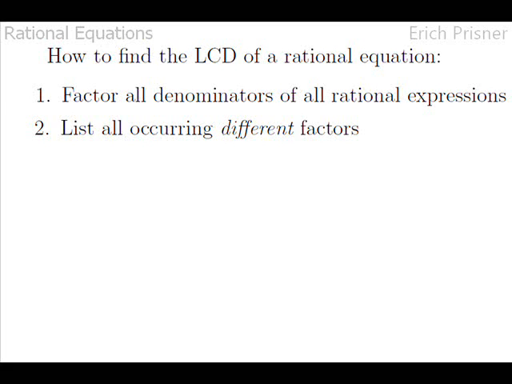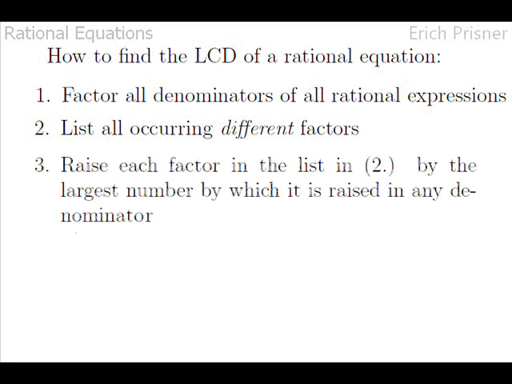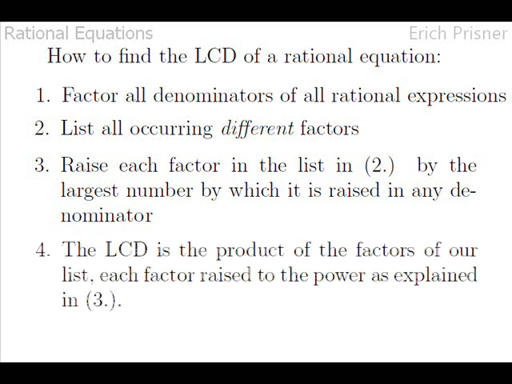So if a factor occurs in several denominators, then the factor is still listed only once. 3. Raise each factor in the list in 2 by the largest number by which it is raised in any denominator. For instance, if the factor x minus 1 occurs in 3 denominators, once as (x minus 1) squared, once as (x minus 1) cubed, and once as x minus 1, then we raise x minus 1 to the power of 3. We have (x minus 1) cubed.